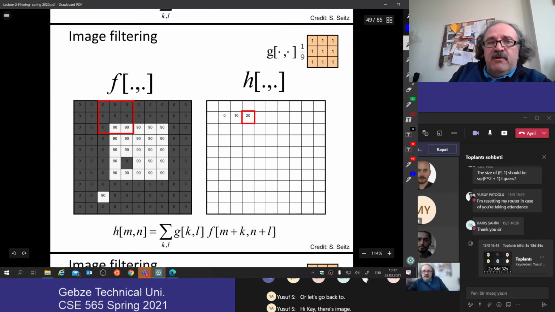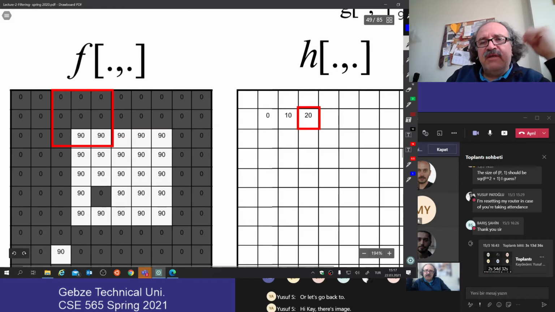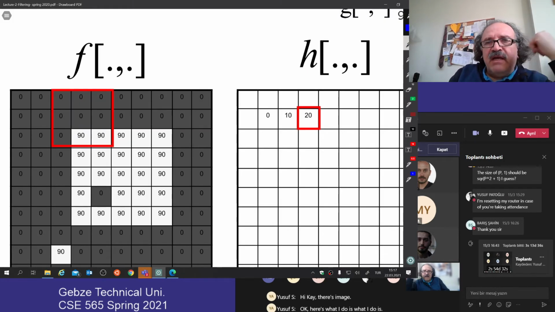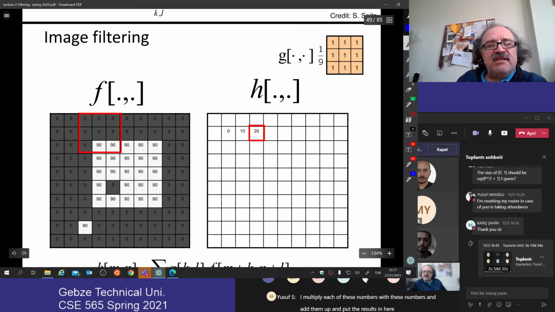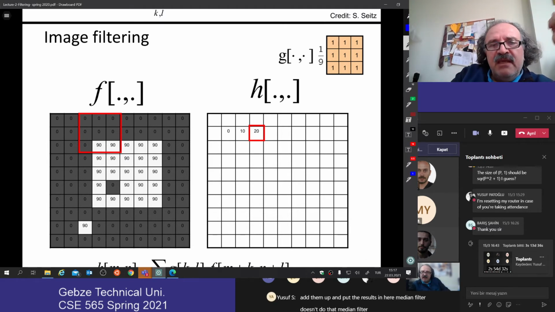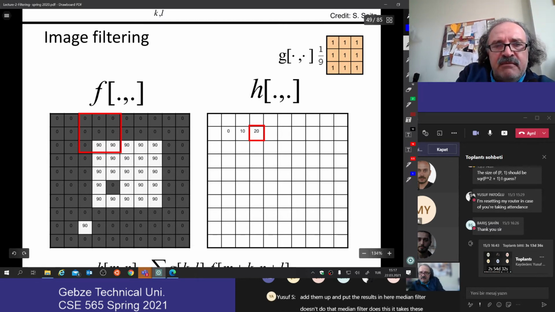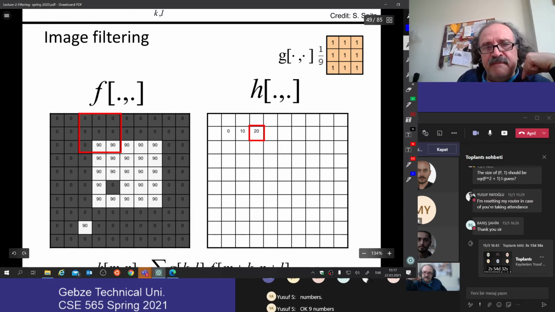Here what I do is I multiply each of these numbers with these numbers and add them up and put the result in here. Median filter doesn't do that. Median filter does this. It takes these 9 numbers and sorts them.